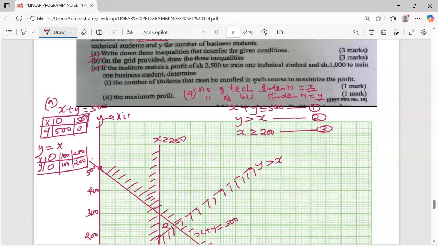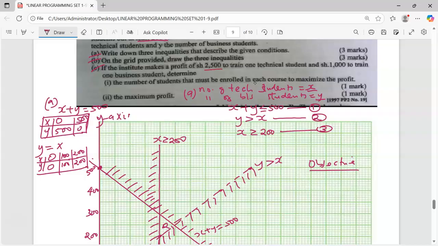We go to part C. If the institute makes a profit of 2,500 to train one technical student, remember we are going to get our objective function from here, and the objective function is to find the maximum profit that the institute is going to earn.